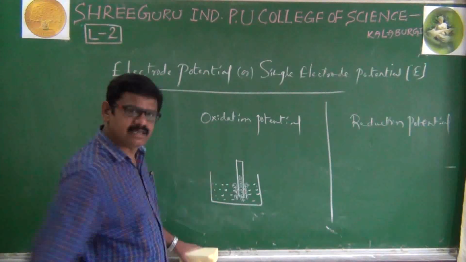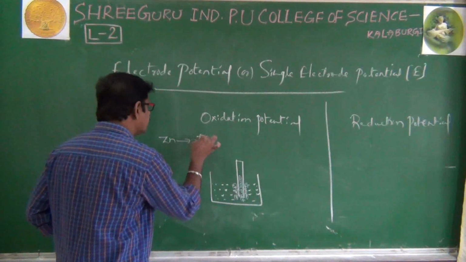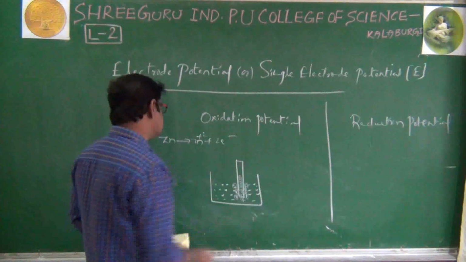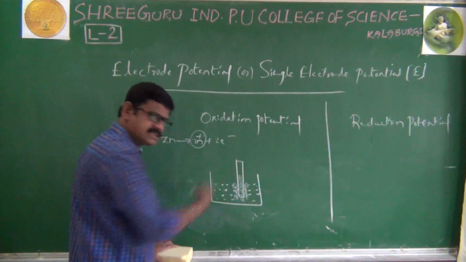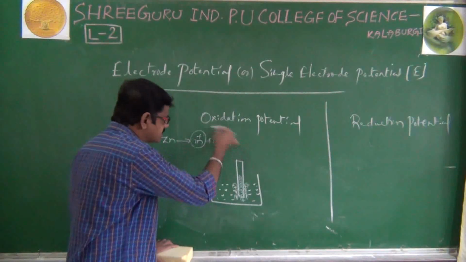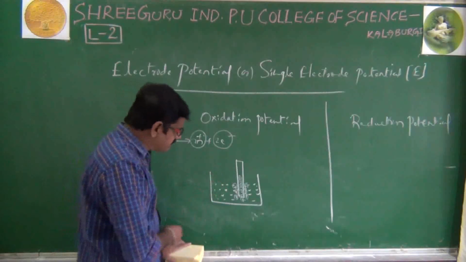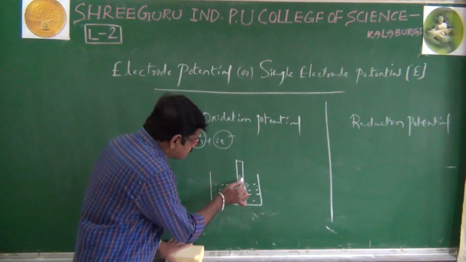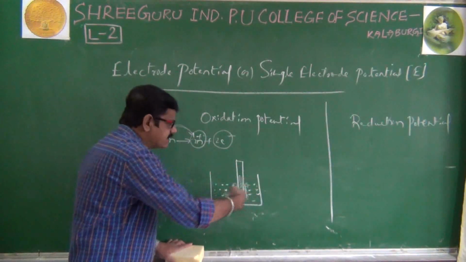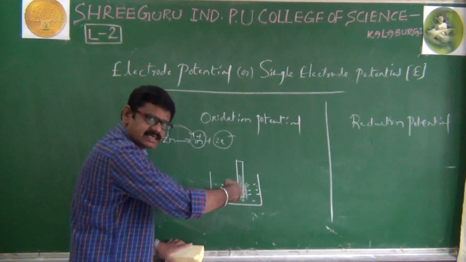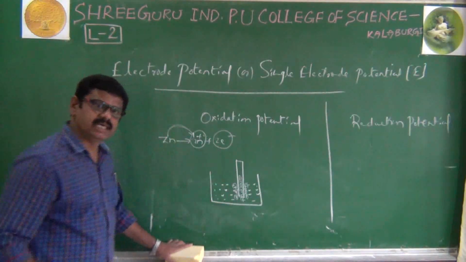Now let's see what happens. Zn, by losing 2 electrons, is converted to Zn plus 2, and these Zn plus 2 ions accumulate around the zinc rod, while the released electrons accumulate on the zinc rod itself. Since Zn is converted to Zn plus 2, the Zn plus 2 ions keep increasing, and after some time an equilibrium stage is obtained between Zn and Zn plus 2.